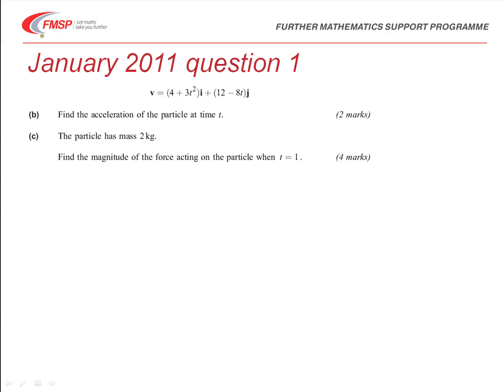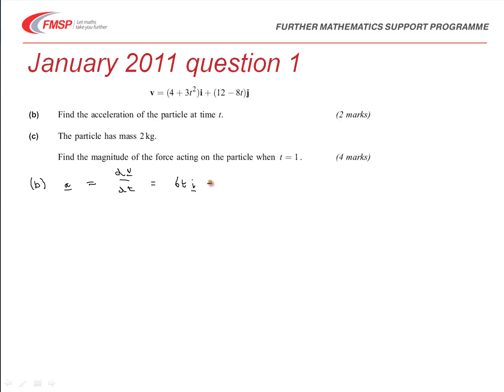Okay, here's the second part of the question. Part B asks you to find the acceleration. We should know that the acceleration is the rate of change of the velocity, and so we have to differentiate the separate components. The differential of 4 plus 3t squared will be 6t lots of i.